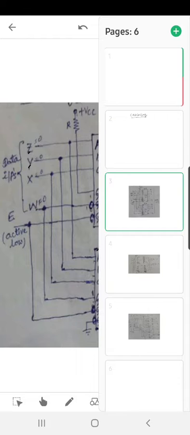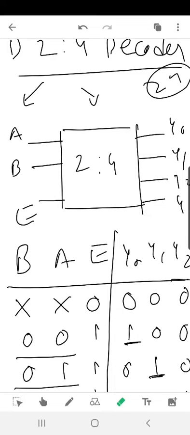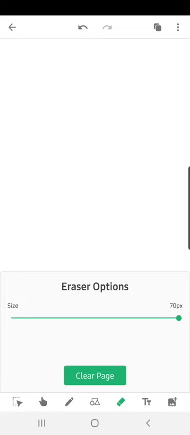When we are talking about the function table, we have 4 inputs: W, X, Y and Z. These are our 4 inputs.